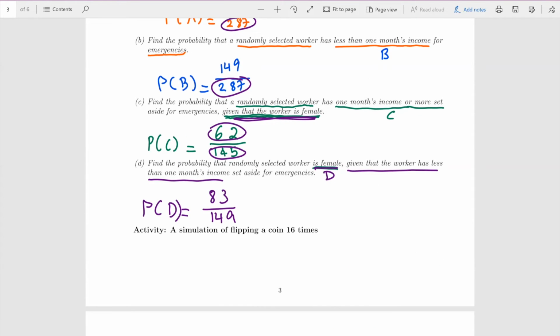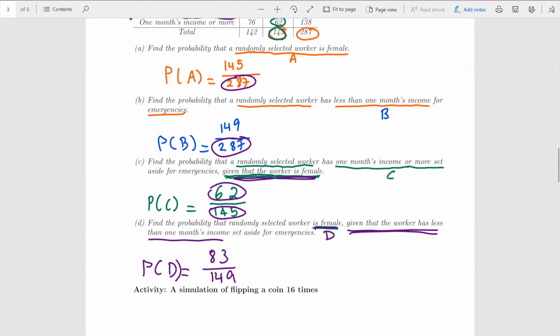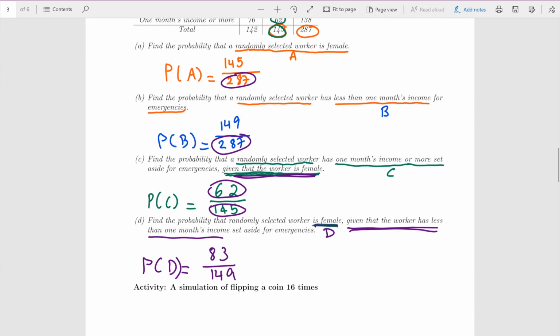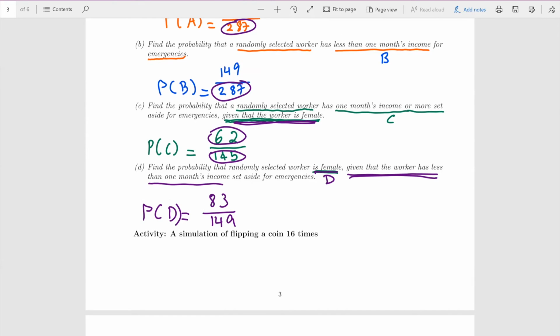For D, the sample space is just workers that have less than 1 month's income. And then you have to look at this row here. And the total number of workers that have less than 1 month's income is 149. So the sample space has to be 149. So pay attention to the event and also pay attention to the sample space that you're looking at.